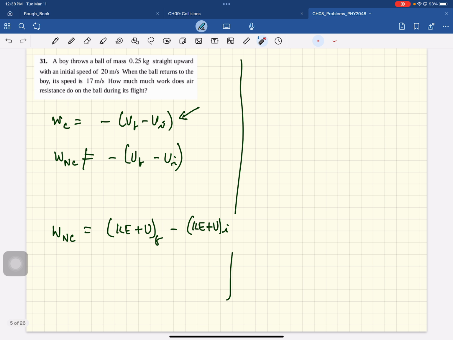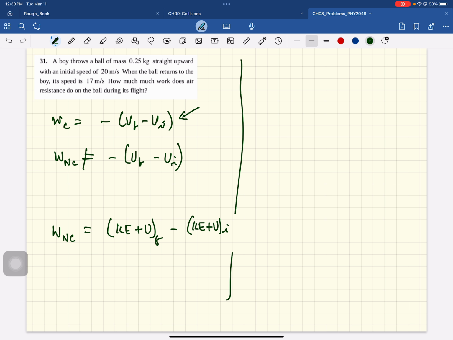What kind of work does friction do, positive or negative? Air drag is a friction, it'll do negative work. So final potential and kinetic energy should be less than initial kinetic and potential energy.